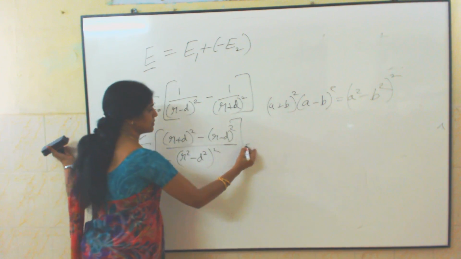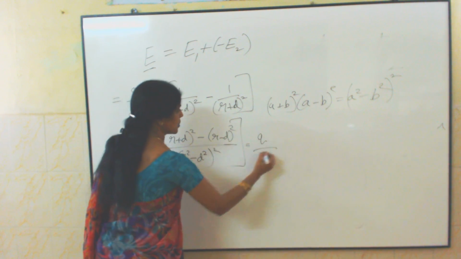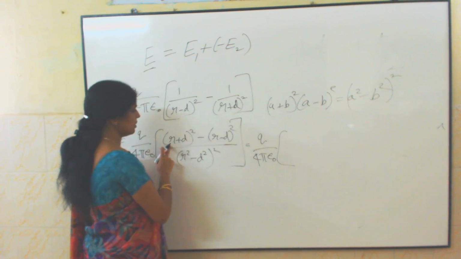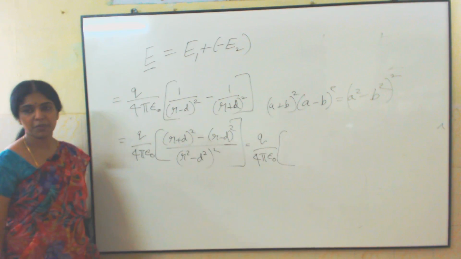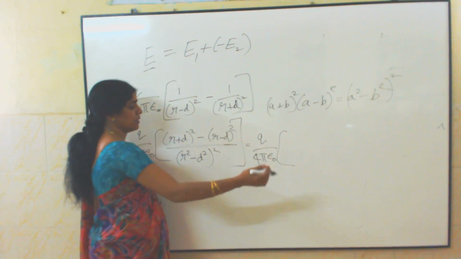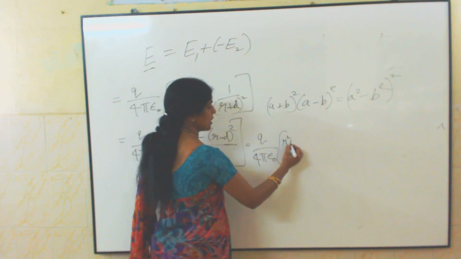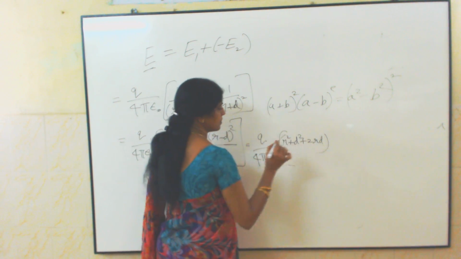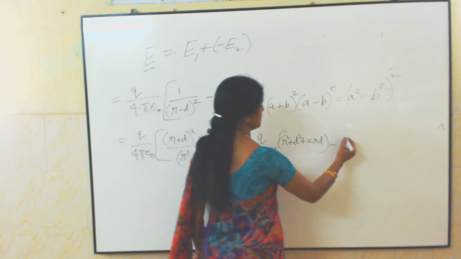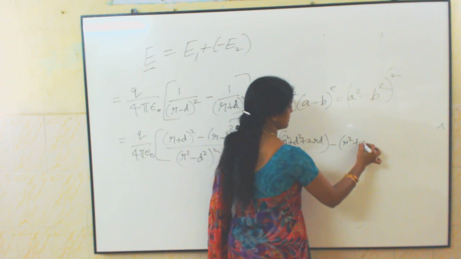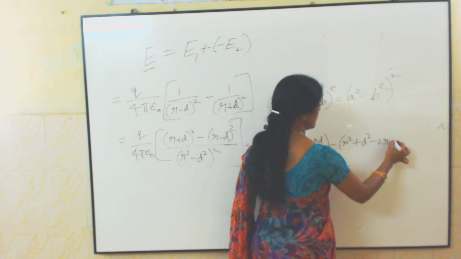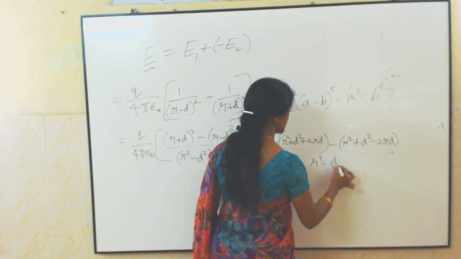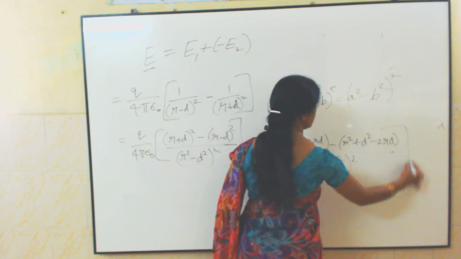Again you simplify this, it is given by Q by 4 pi epsilon naught. Here we expand these two in the form of A plus B the whole square. A plus B the whole square equal to A square plus B square plus 2AB. Then here minus A square plus B square minus 2AB by R square minus D square the whole square.